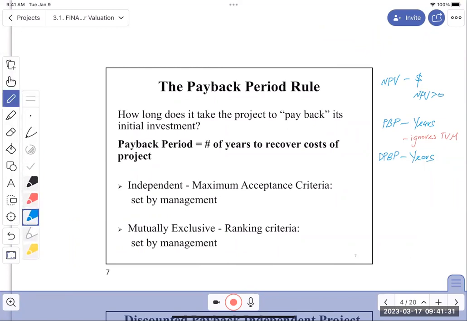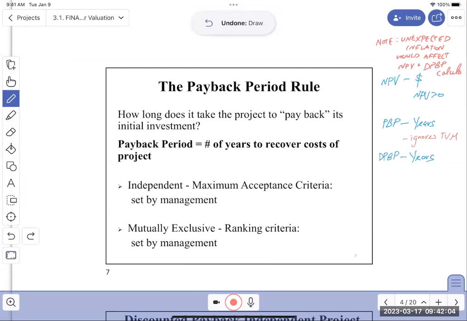So let me make a note about the inflation. Okay, so one is that there are two.